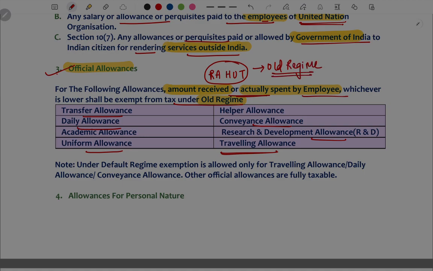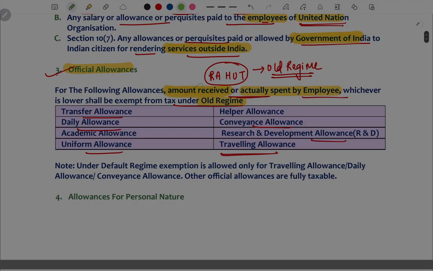I haven't said the exemption amount yet. The allowance you received or the amount actually spent by the employee, whichever is lower, shall be exempted. Let's take R for research and development allowance, A for academic allowance, H for helper allowance, U for uniform allowance, T for transfer allowance.